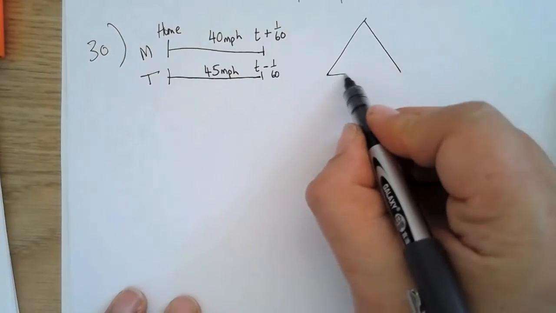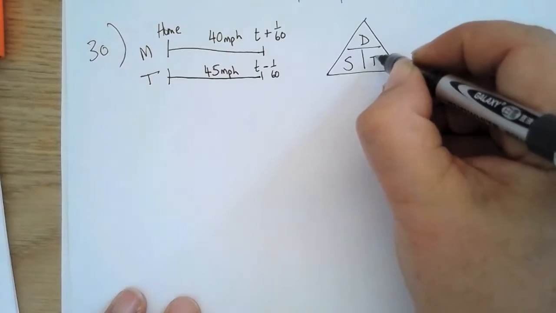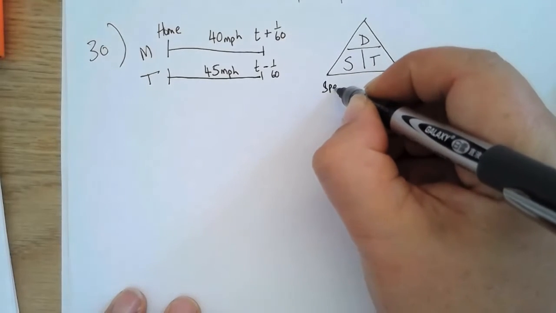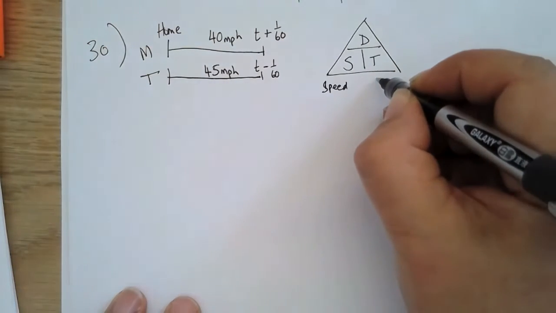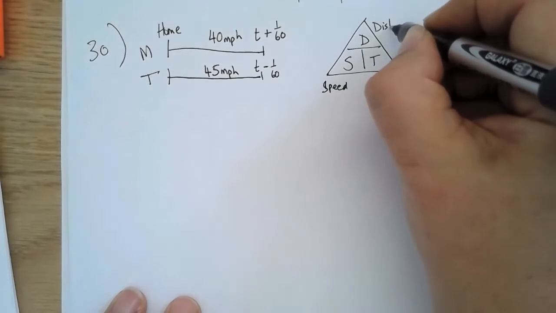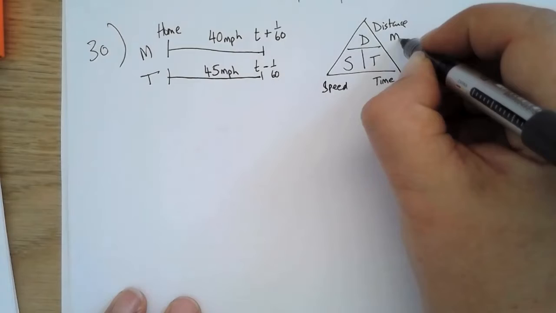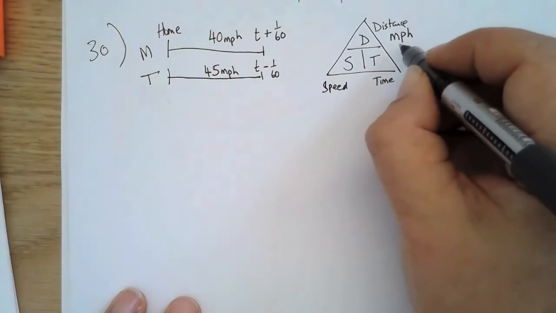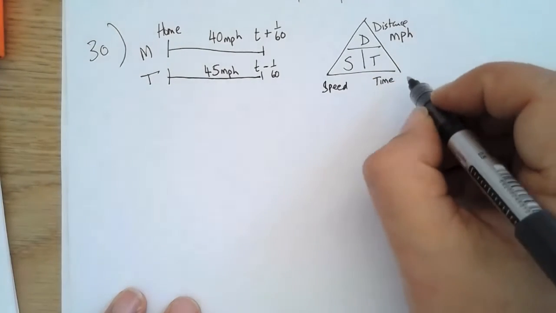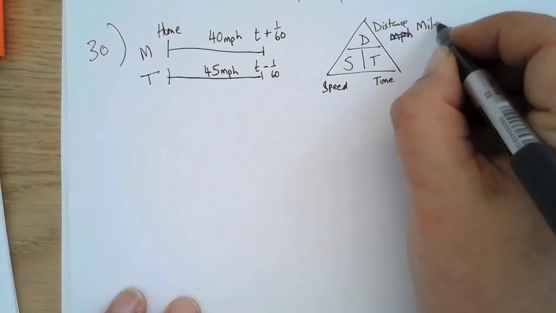However you remember the speed, distance, time. This is speed, this is distance, this is time. Lots of people remember it in different ways, but you need to know the relationship. I like to put the units in here as well, because that helps me know that this is in miles.